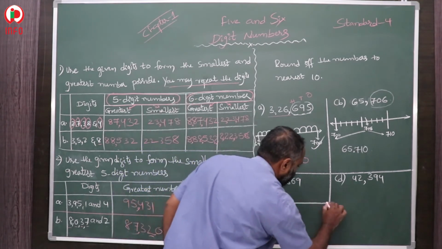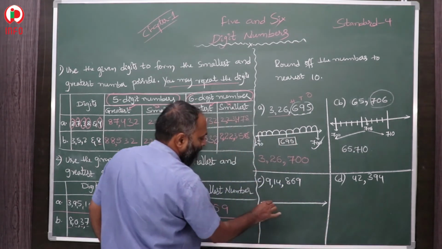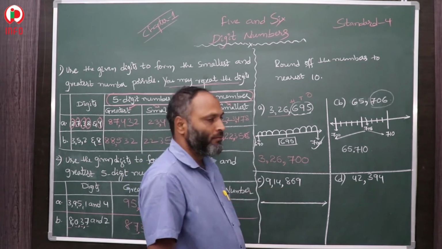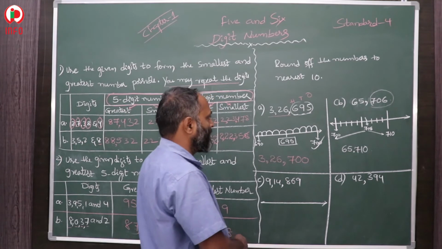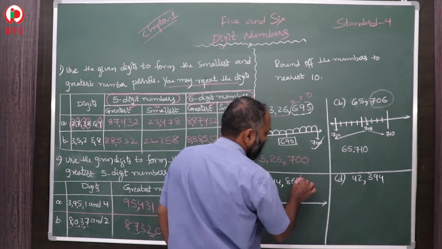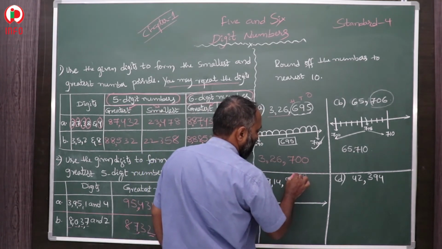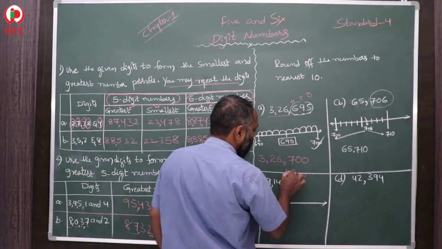Here also 869 is there. This is the ones place, this is the tens place, this is the hundreds place.